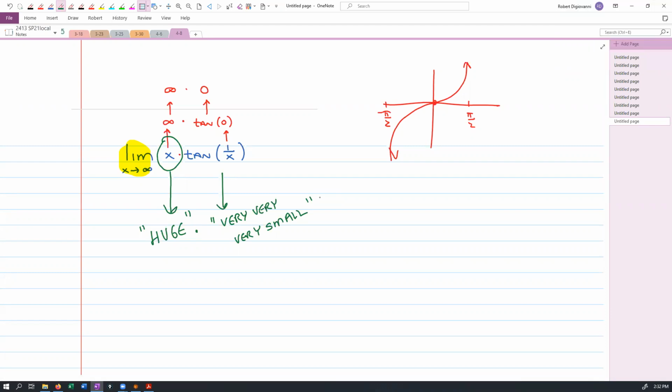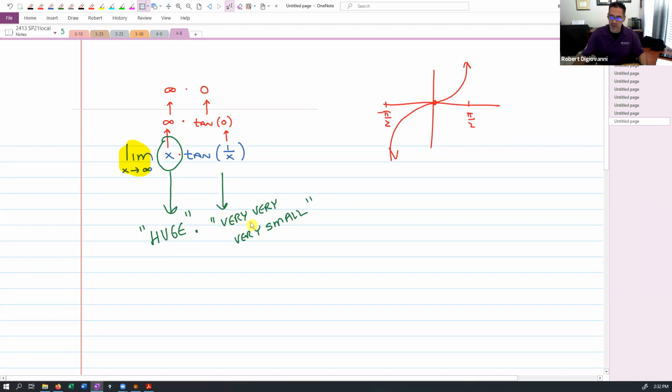Well, you don't know, do you? You don't know how huge this is, and you don't know how small this is. This could be a billion, which you'd be like, man, that's huge. But this could be like one trillionth, or a trillionth of a trillionth. This could be so much smaller than this that this one dominates. Or it could be the other way around. The big thing is we don't know.